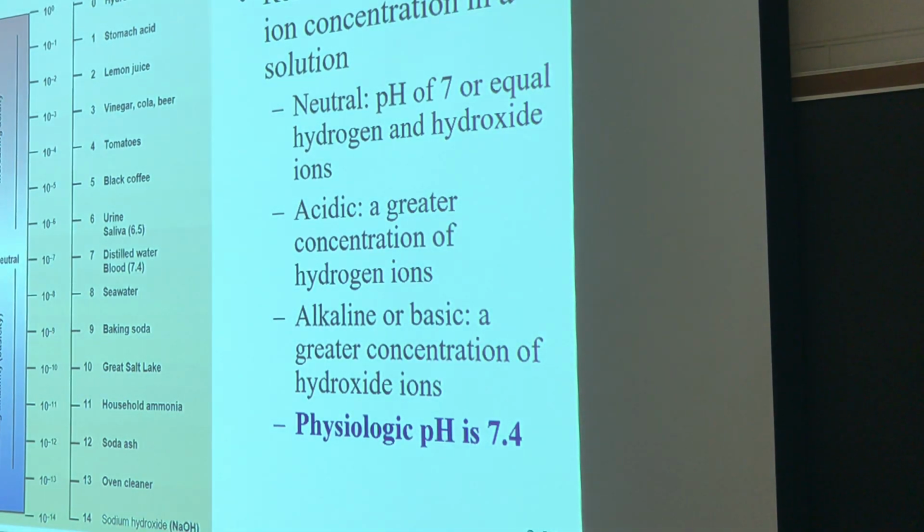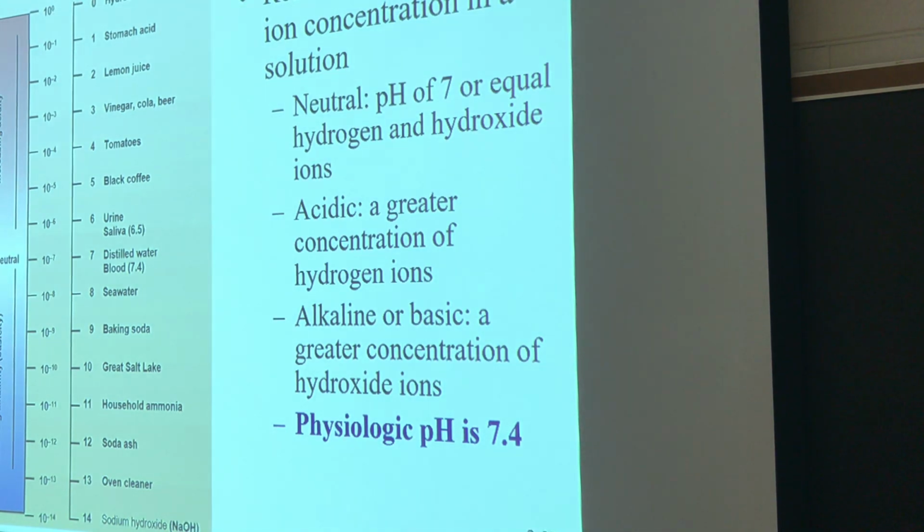So the hydrogen concentration is 0.001. What is the log of 0.001? How many zeros? 1, 2, 3. Actually, it should be negative 3, right? Log of 0.01, negative 2. Right? So the log of 0.001 is negative 3 because we're going in the opposite direction. And now we take the two negatives, they cancel. The pH of this solution now is 3.